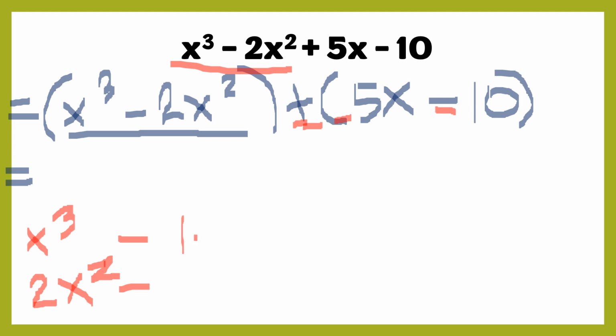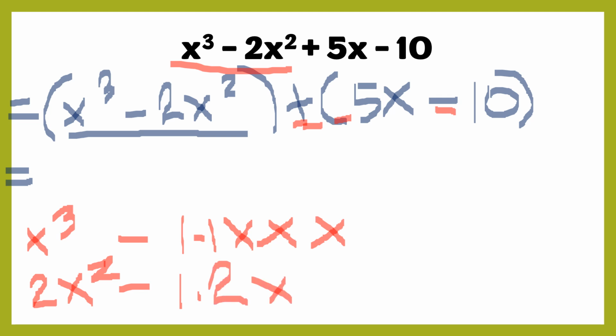So if you have 1 divided by 1, the answer is 1. And x cubed, we have here x, x, and x. Now, if you have 2 divided by 1, the answer is 2. And we have here x and x. So, its greatest common factor is 1x squared, or just write x squared.